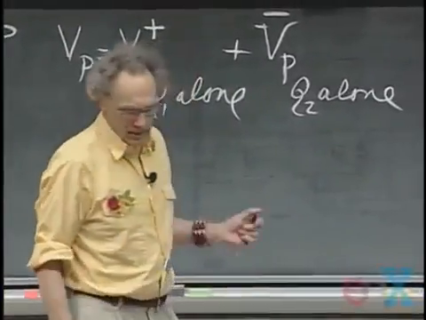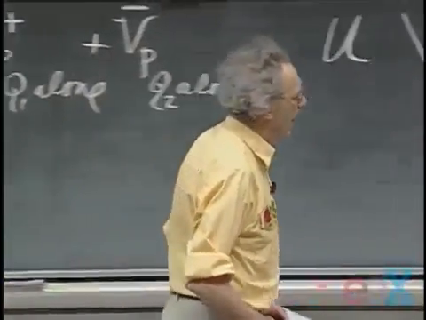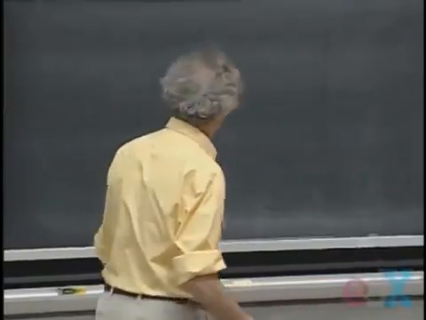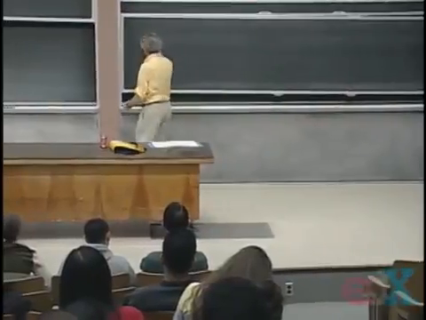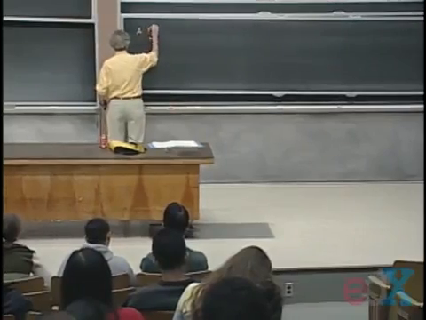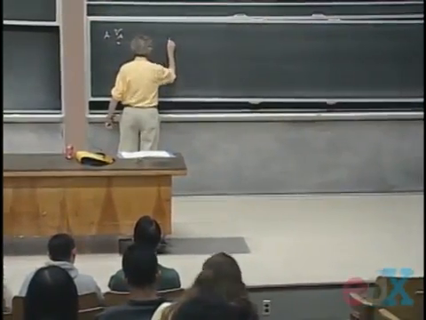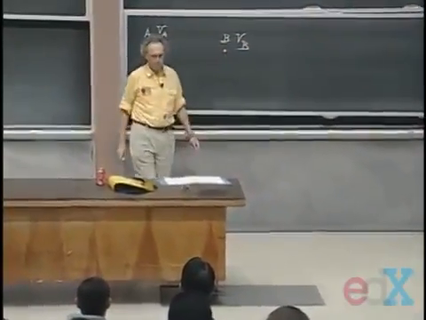Suppose I had a position A in space, and I had another position B, and I specify the potentials. So here we have A, where the potential is VA, and here we have point B, where the potential is VB.